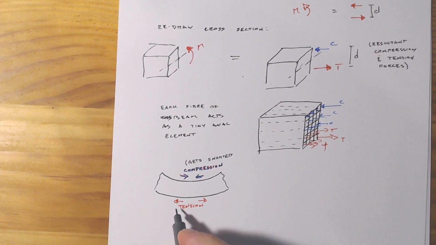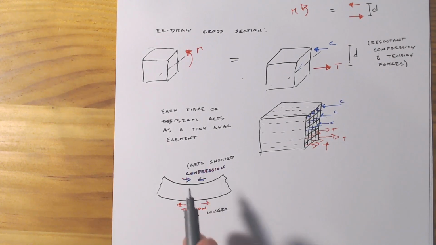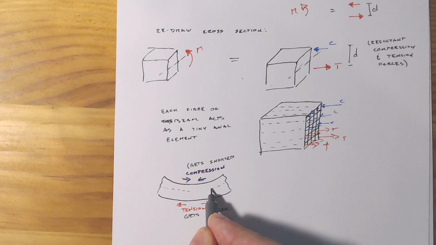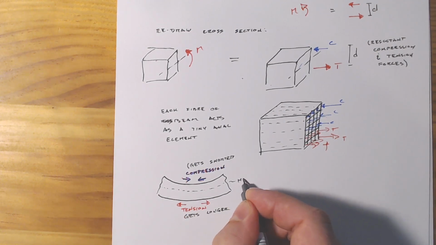And if we pull something in tension, it gets longer. Well, if the bottom's getting longer and the top's getting shorter, there has to be some point here in the middle which is undeformed.